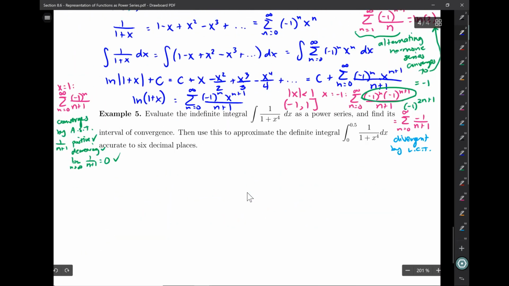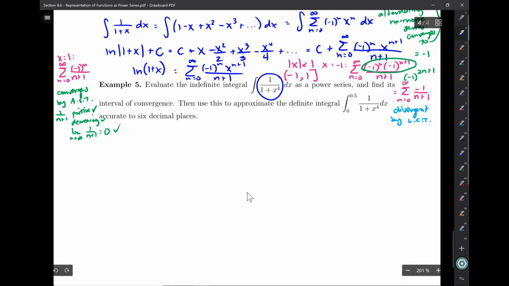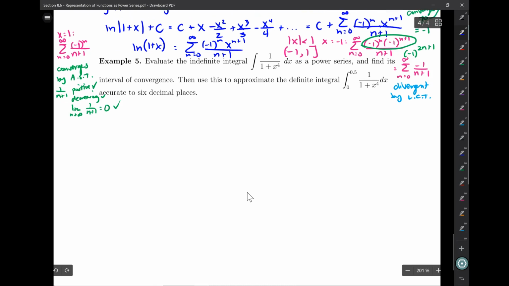Okay, so first thing we need to do is actually create 1 over 1 plus x to the 4th. And I think we've gotten pretty good at doing that, haven't we? Essentially what we're going to do is look at 1 over 1 minus x. We're going to look at that original power series.